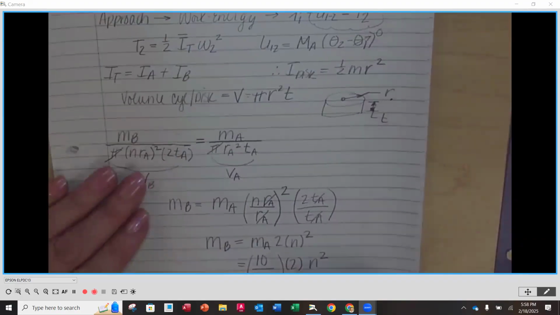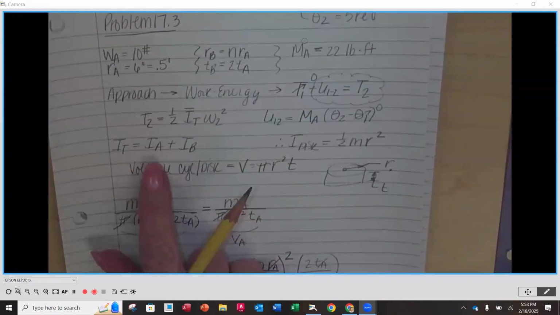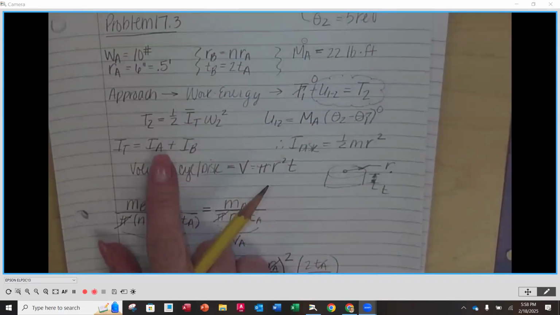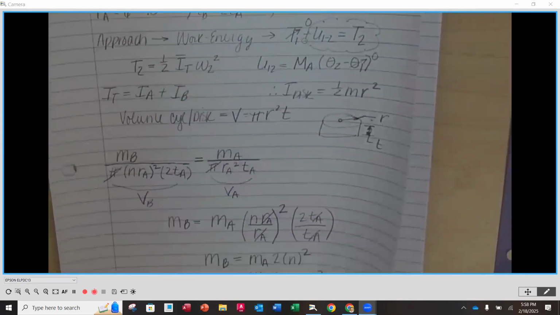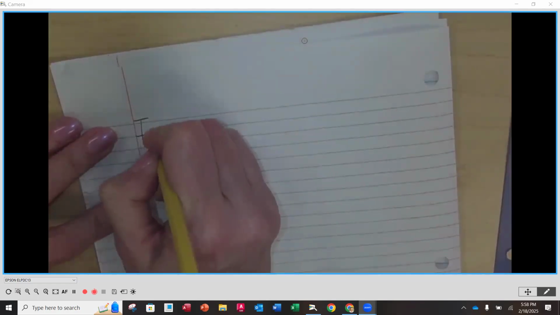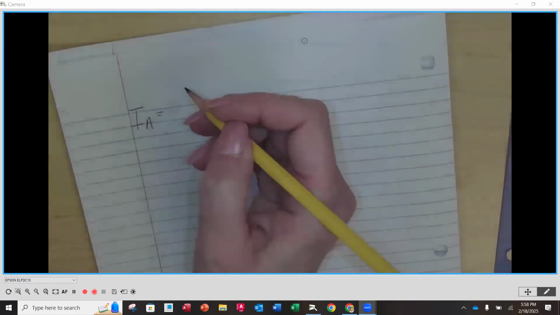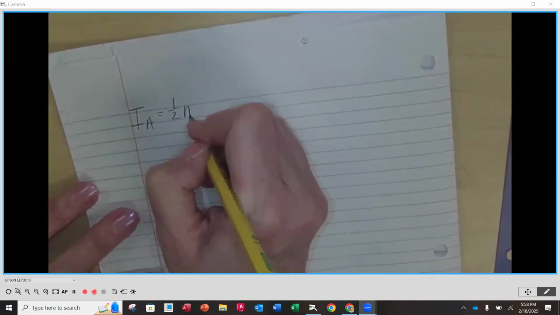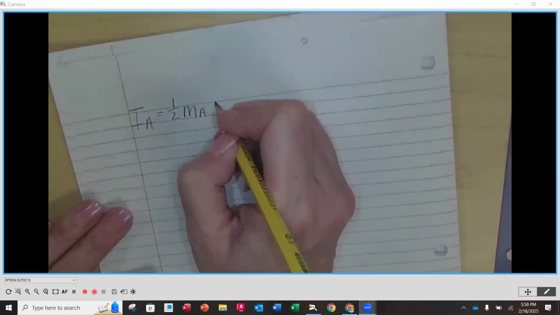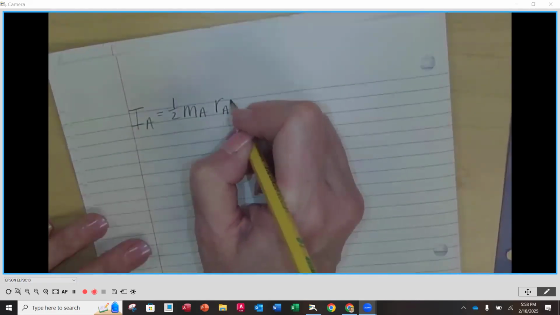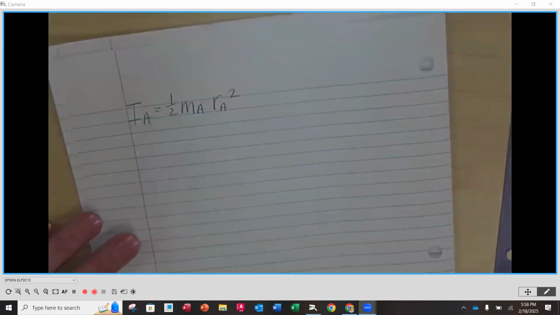Okay. So our next thing to do is we want to calculate each one of these moments of inertia of A and B. So that's going to be our next step. So moment of inertia, we'll do A first. Moment of inertia of A is equal to 1/2 mass of A times the radius of A squared.